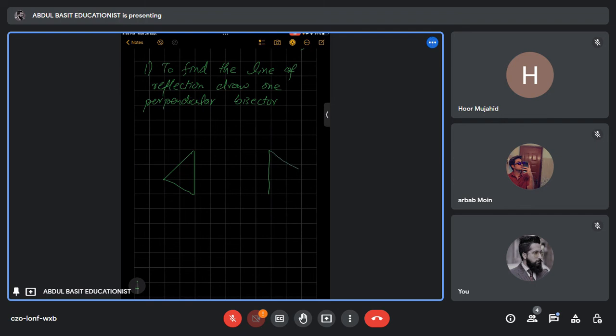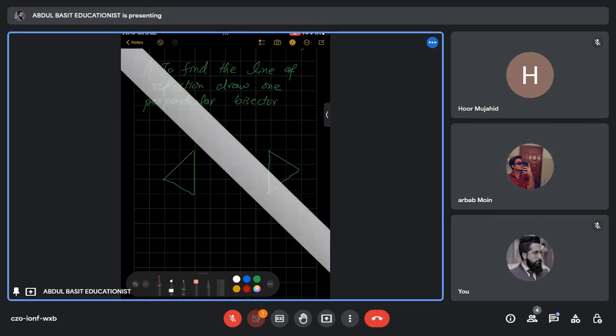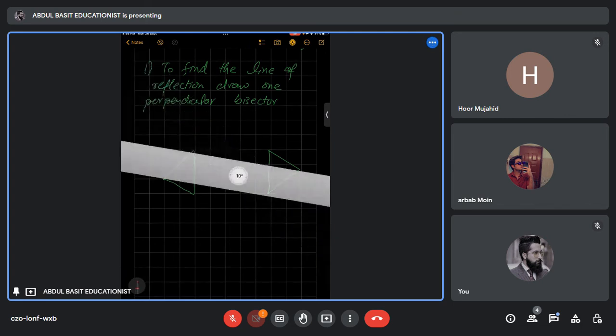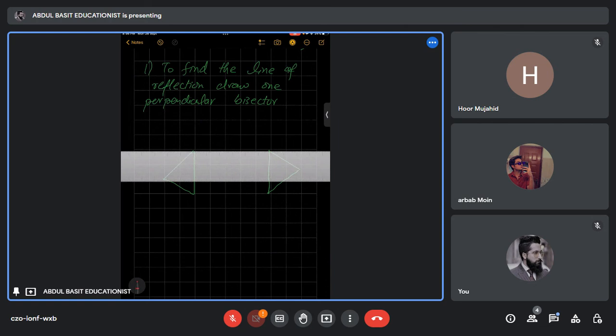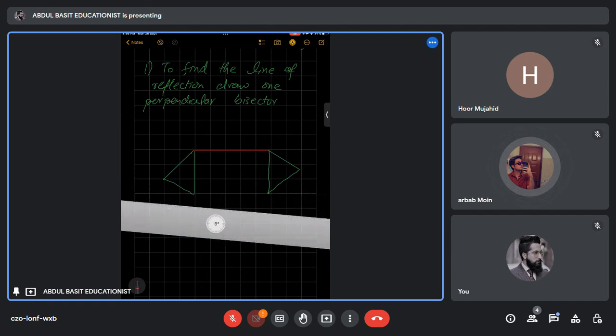Is this reflection or not? Yes or no? Yes sir, it is. Okay, so to find the line of reflection, you need to join the two corresponding points and see all the lines would be parallel. All the lines will be parallel.